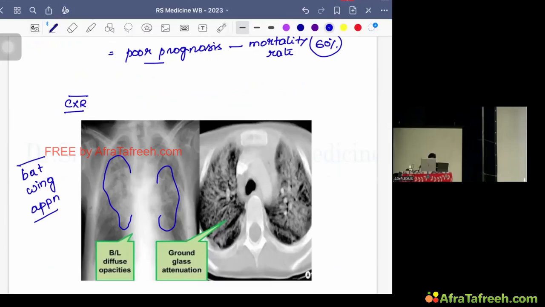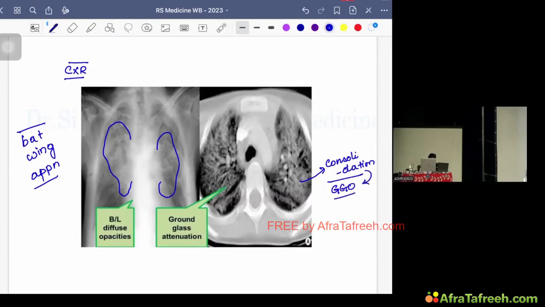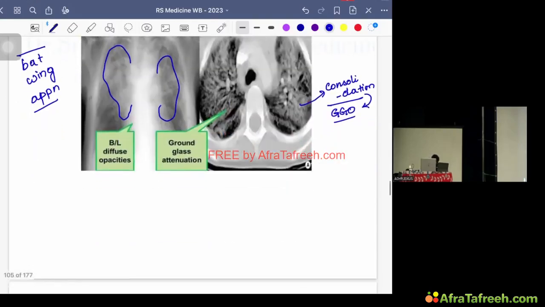If you see here, you get consolidation, solidified lung. Consolidation is seen in these patients, which looks like ground glass opacities, but it is actually consolidation. This condition has a very poor prognosis, and treatment is supportive; mostly the patient will go for mechanical ventilation.